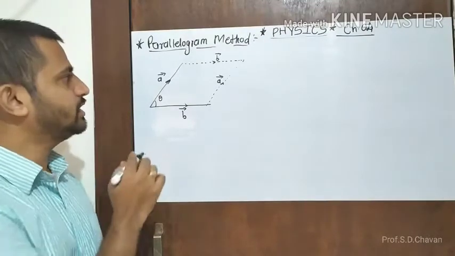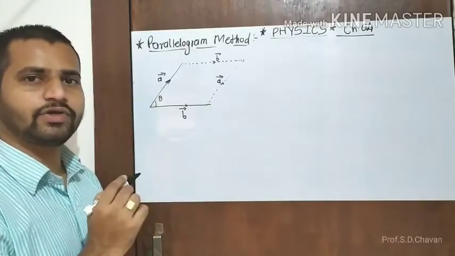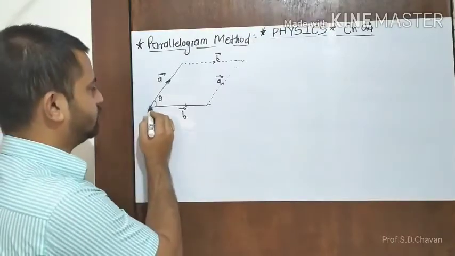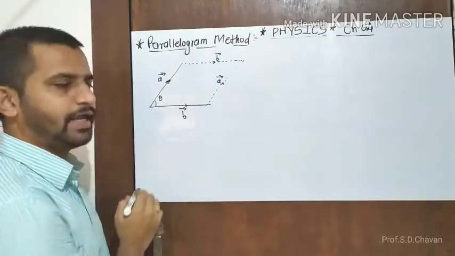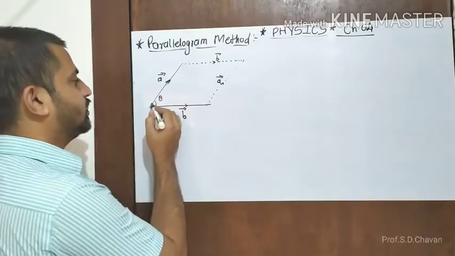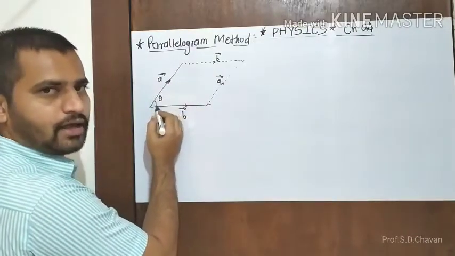Okay. So in this diagram, where is the meeting point of the tails of the two vectors? Look at this diagram. This is the meeting point for the tails of the two vectors. Okay. This is the vector A, this is the vector B, making an angle theta.